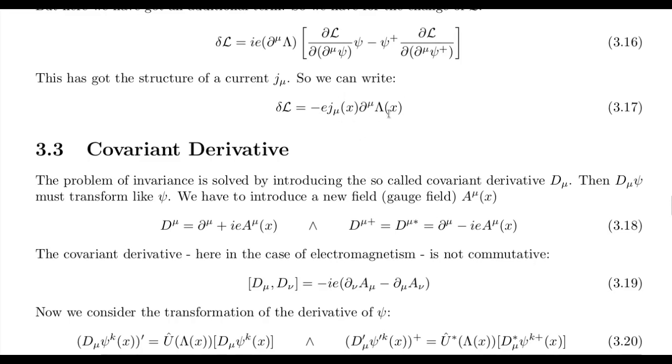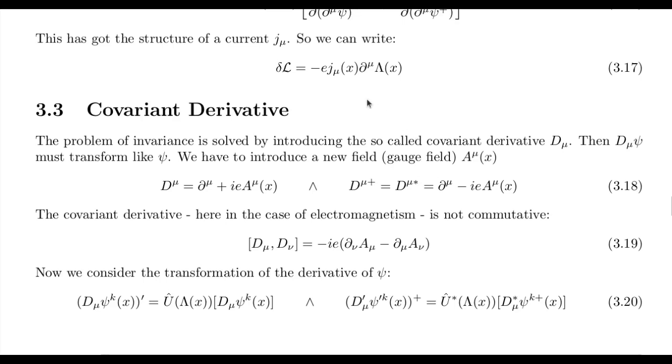We have here a current, which is a hint that perhaps other fields are necessary. So we now introduce the so-called covariant derivative.